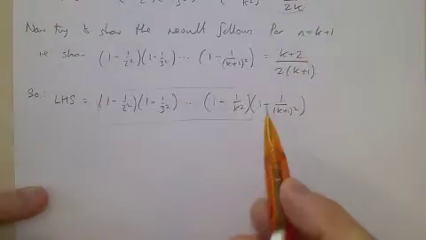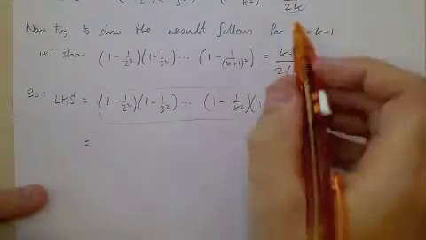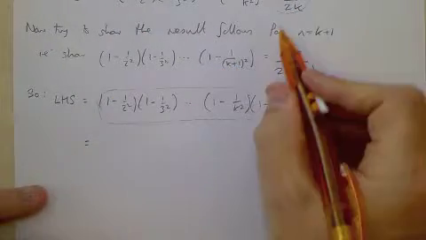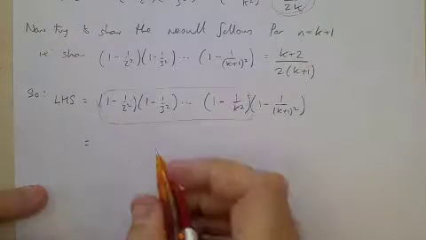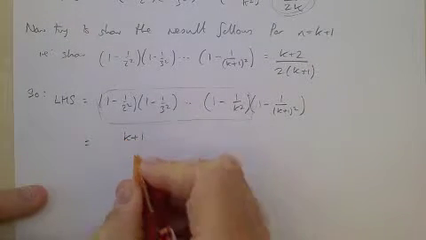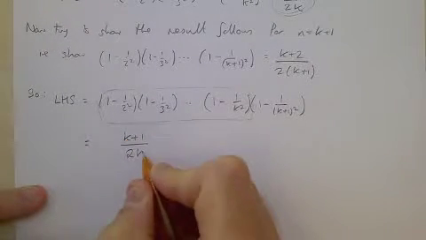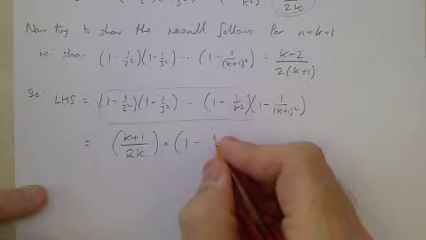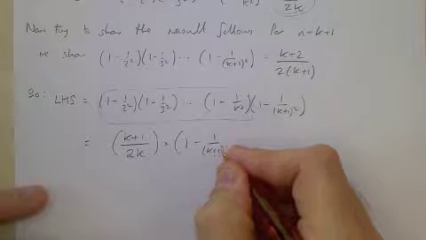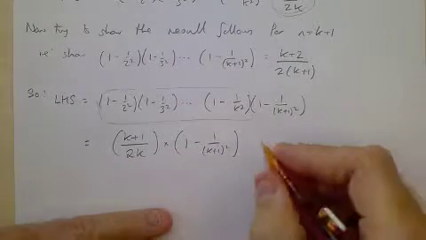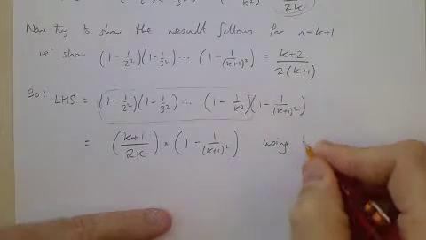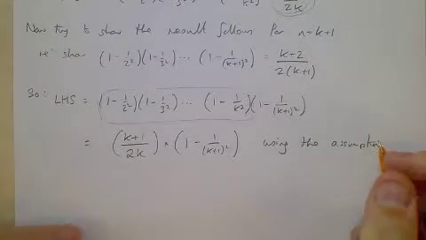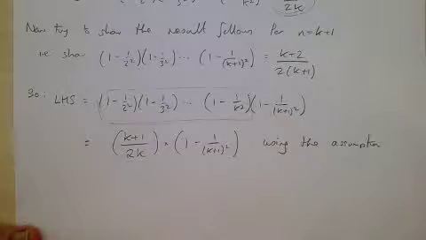So this is where I'm going to use the assumption. So I'm going to replace this expression with this result here. So this becomes k plus 1 on 2k multiplied by 1 minus 1 on k plus 1 squared. And I'm going to write using the assumption, so I know exactly where I've used that in my argument.